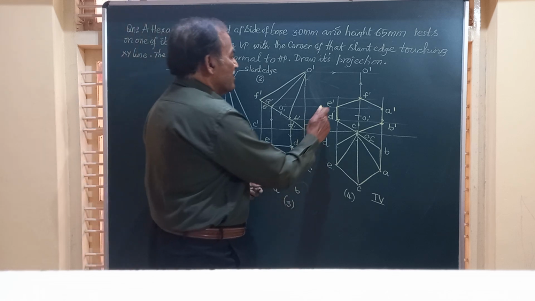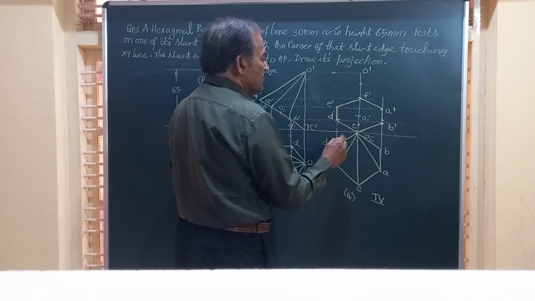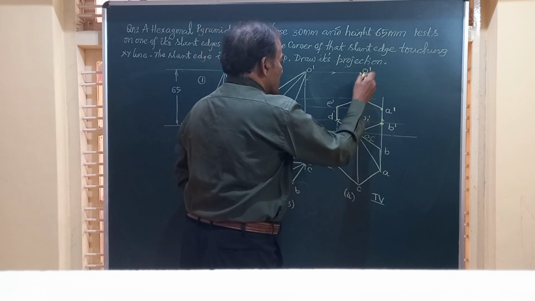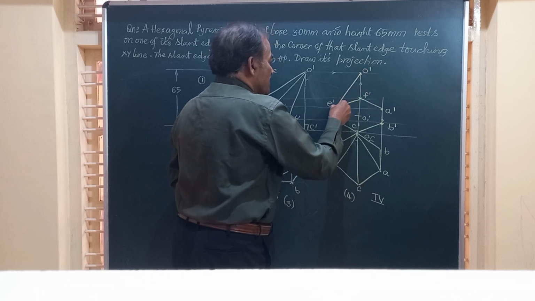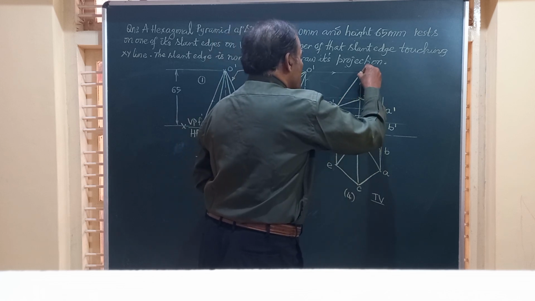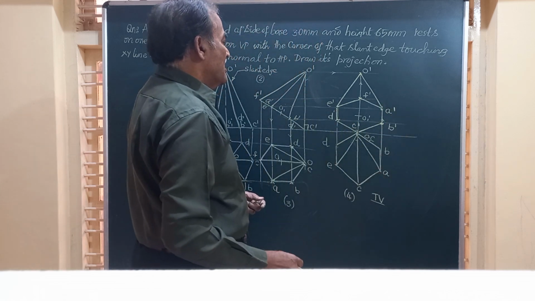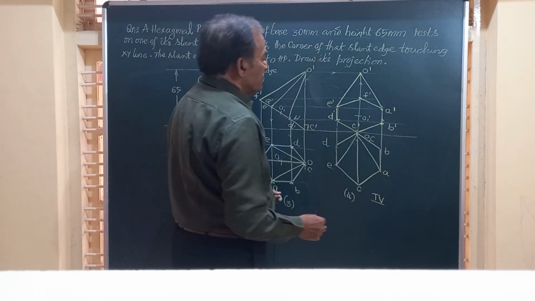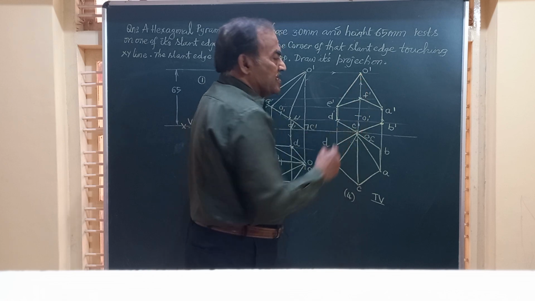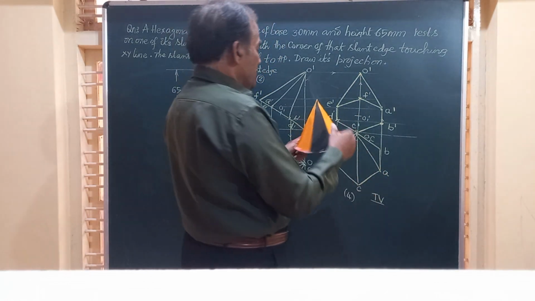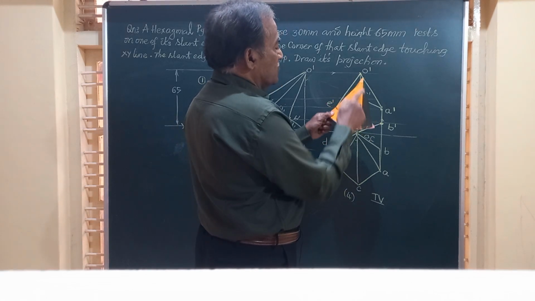So friends, we have to join all these points to the corners. So I am going to join the vertex O to E, vertex O to D. So I have joined O to E, O to D. And friends, remember here, I have to join O to C. That I will show you practically. This is OC.